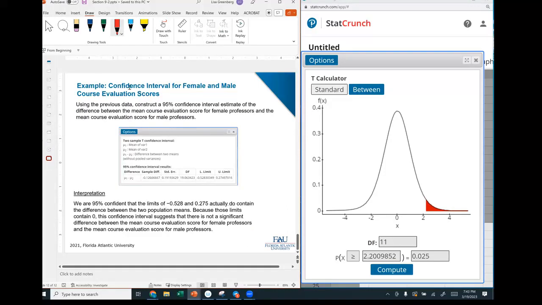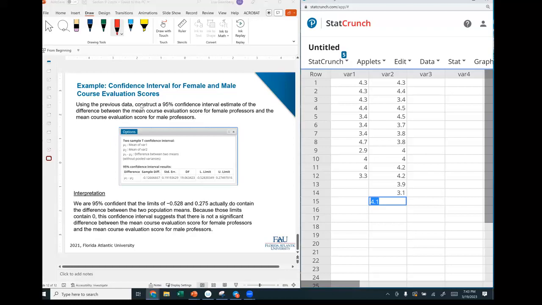So another example, we're going to use a confidence interval for male and female course evaluation scores. Using the previous data, which we already have here, we're going to construct a 95% confidence interval estimate of the difference between the mean course evaluation scores for female professors and the mean course evaluation score for male professors.